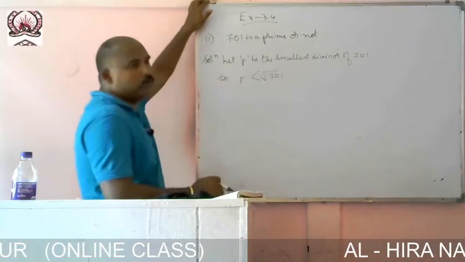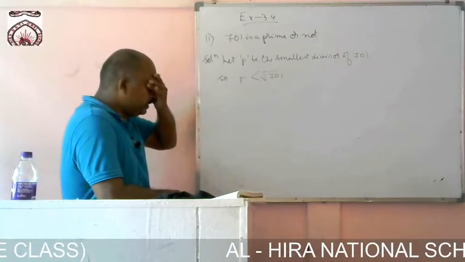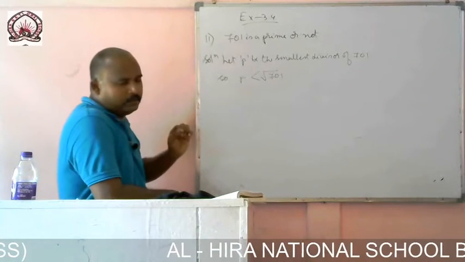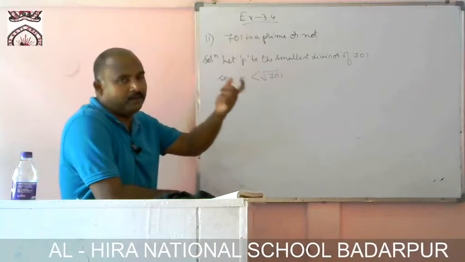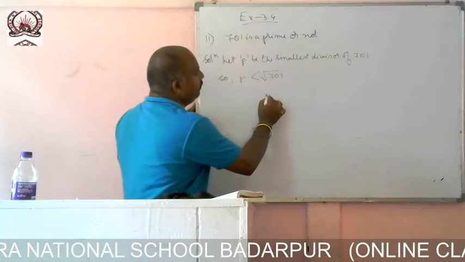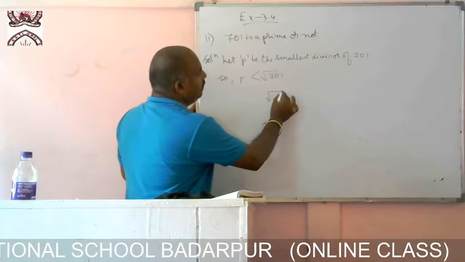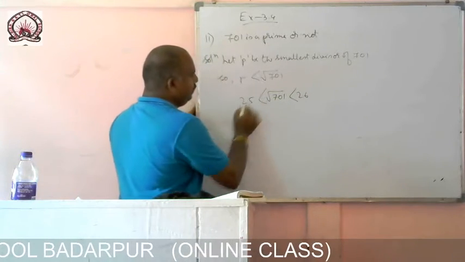Now if I take the root of 701, it lies in between 26 and 25.